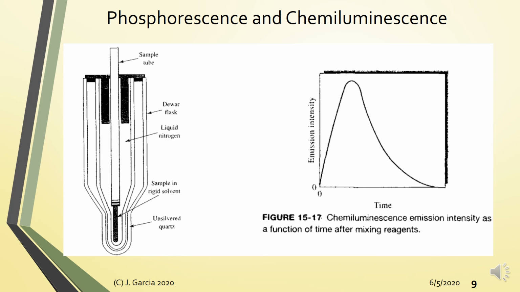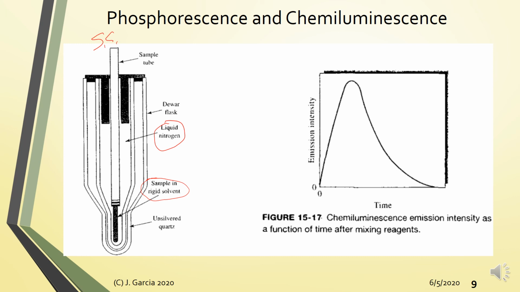Alright, so other techniques related to fluorescence spectroscopy would be phosphorescence and chemiluminescence spectroscopy. For phosphorescence spectroscopy, this is the sample container. It's important that you keep your sample solution during analysis at liquid nitrogen temperature, wherein the analyte is dispersed or dissolved in a very viscous solvent.